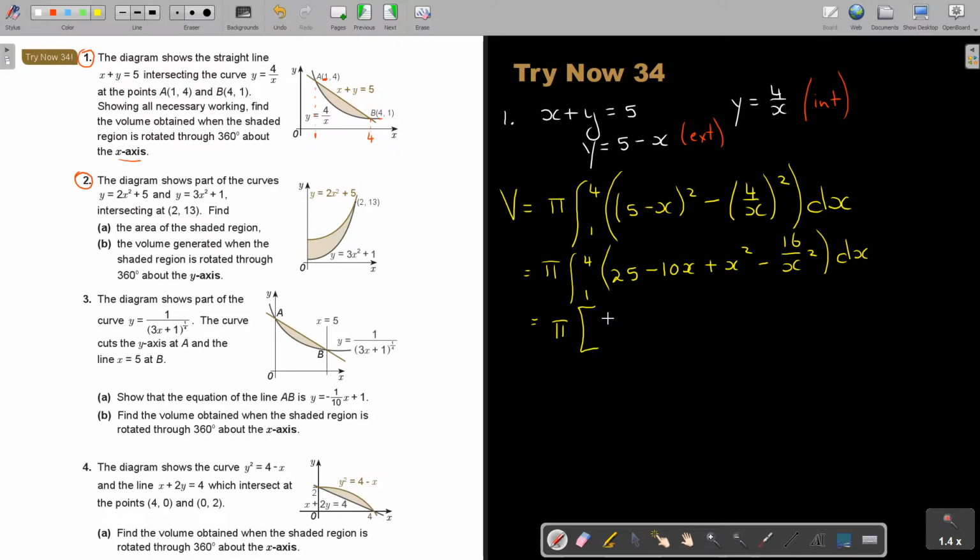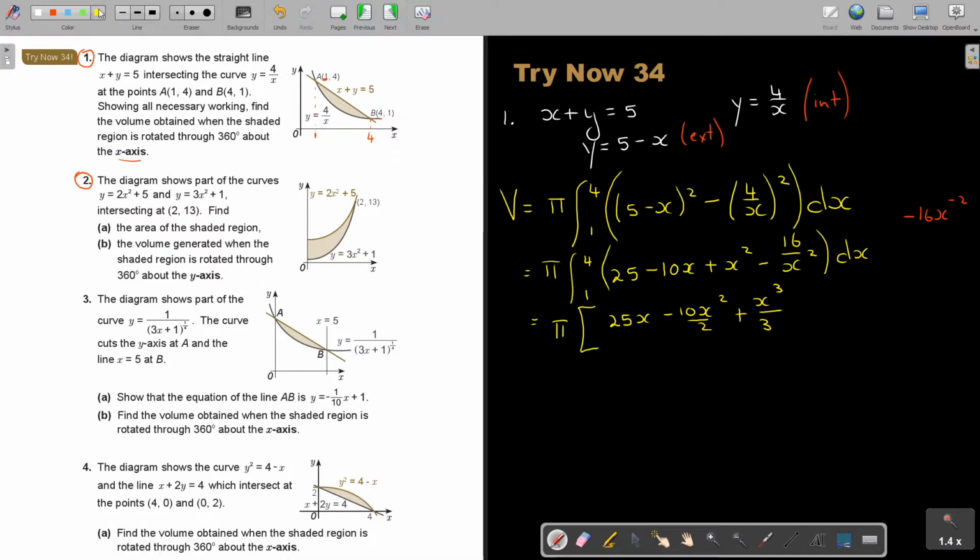So this is going to be 25x minus 10x squared over 2 plus x cubed over 3. Remember, this one could be written as 16x to the power of negative 2.